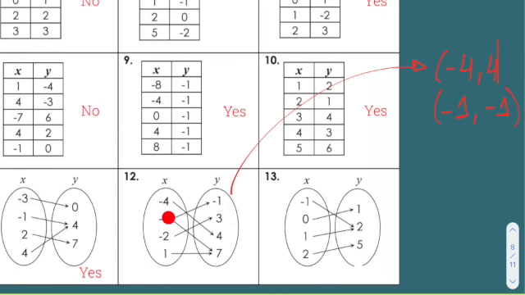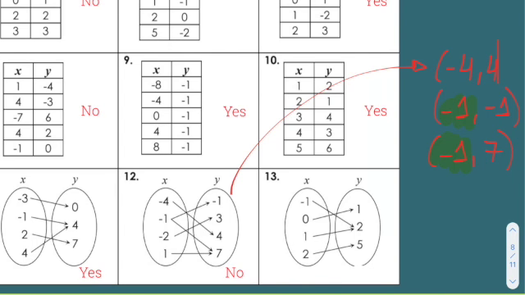And the other point would be x -1 connected to y 7. -1, 7. Immediately, I hope you guys can see that these two over here are repeated x values. This means that this is not going to be a function. This relation is not a function because for the same x value, we have two different y values.